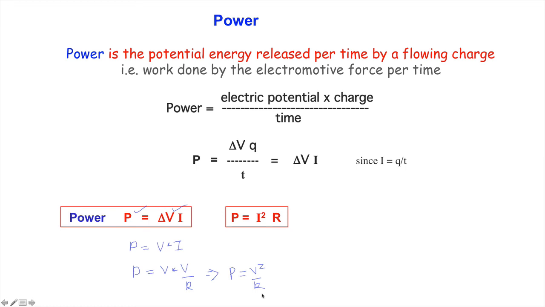So you may also replace V by I R. So you have three individual equations to calculate power. One is just simply P equals V times I. The other one is P equals I squared times R. The other one is P is equal to V squared over R.